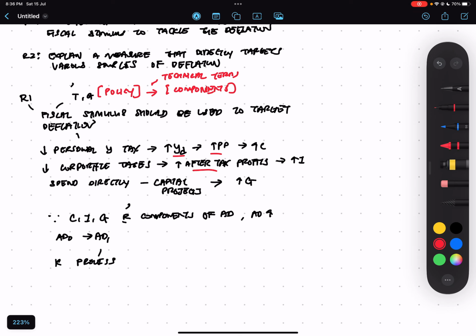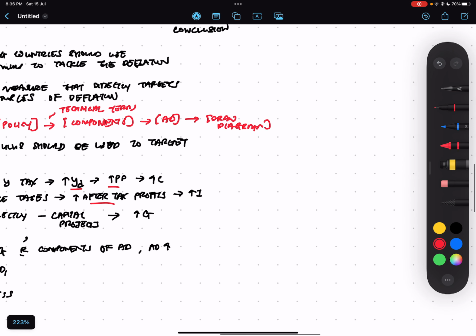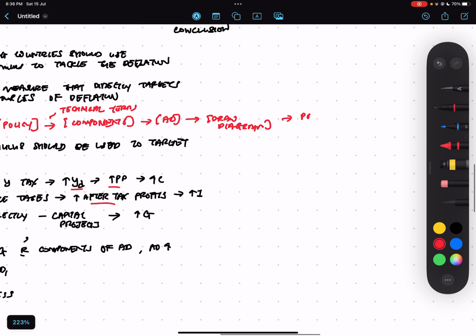So when you want to explain how the policy influences the components, C, I, G, X minus M, then you got to make sure you use components. Yeah. So after you go to components, then you want to link to AD, right? And because this is an essay question, you make sure you draw a diagram, and then after you draw a diagram, you make sure you explain the process.